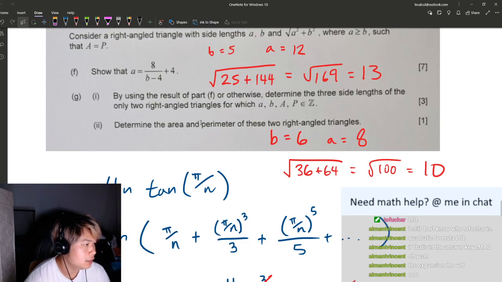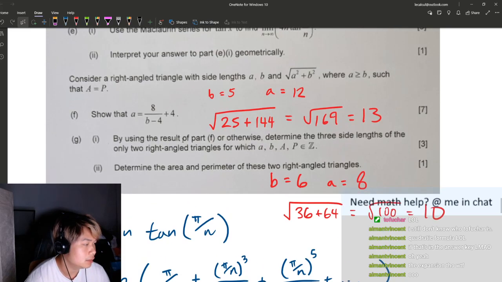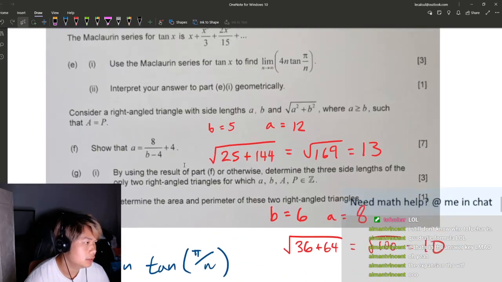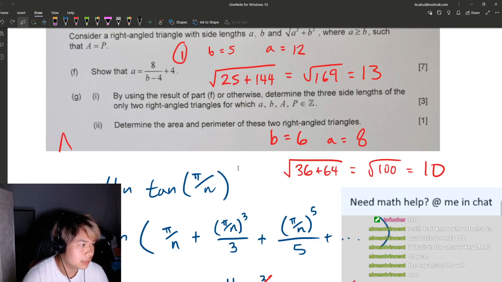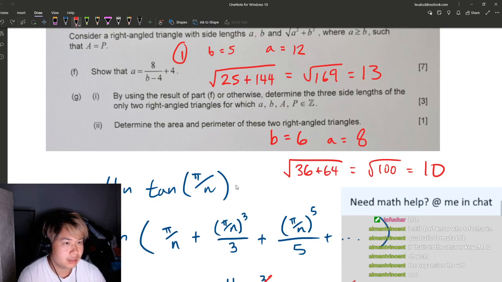And then find the area and perimeter of these 2 right triangles, blah blah blah. Okay, fine. You really want to do this? Okay, triangle 1. So area. Actually, screw the area. It's easier to find the perimeter, and I know that the perimeter and the area are the same. So A equals P, which is 5 plus 12 plus 13.